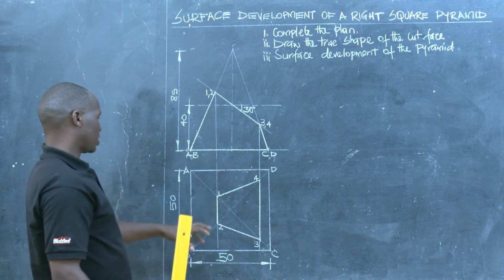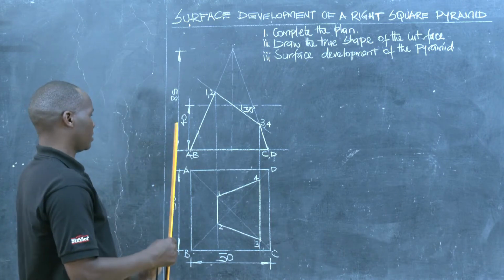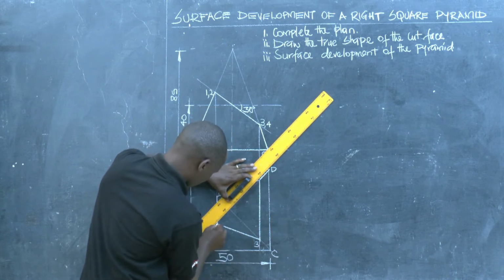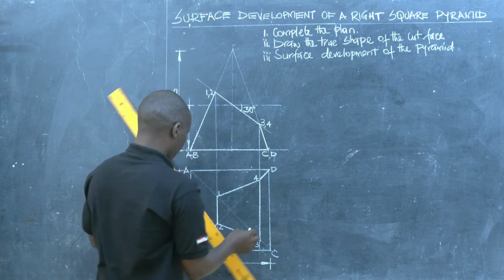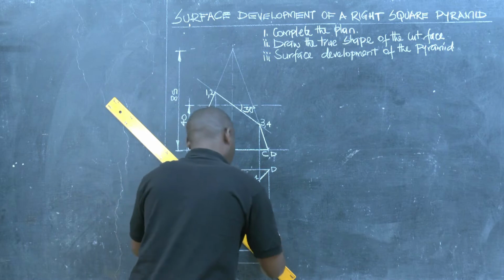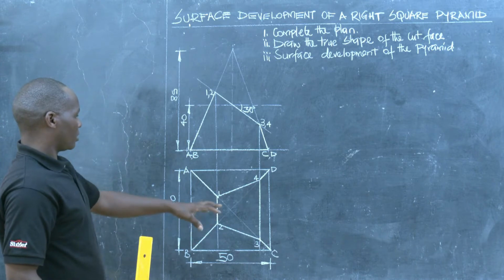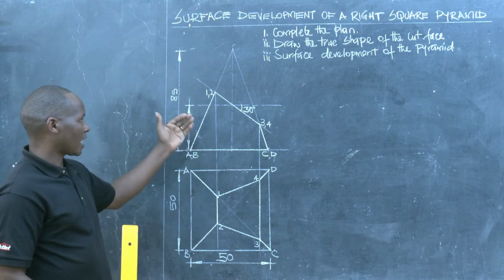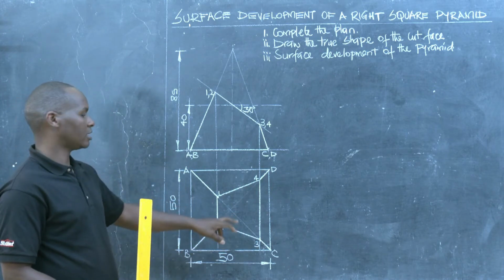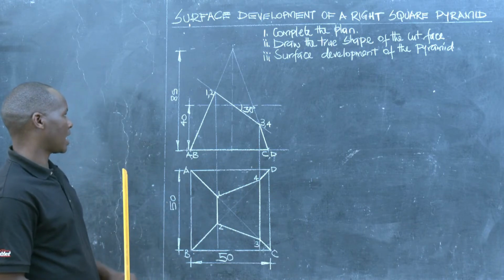And then of course we outline the other edges simply because they are part of the plan. Then, simply because the truncated face is a cut face, it has been cut by a cutting plane, we have to cross-hatch it to demonstrate that this is a face that has been cut.